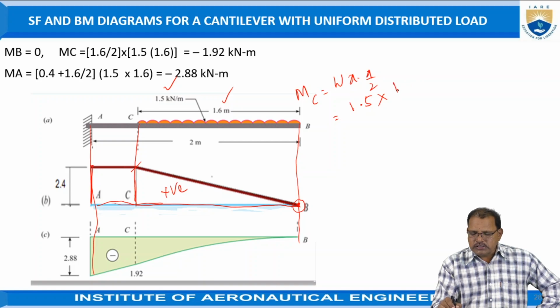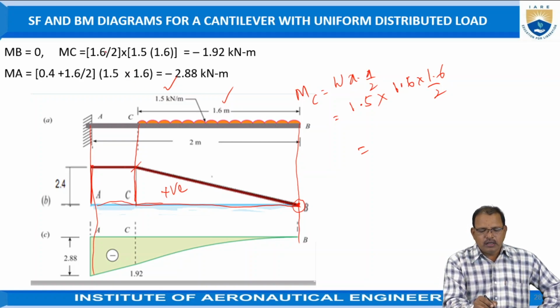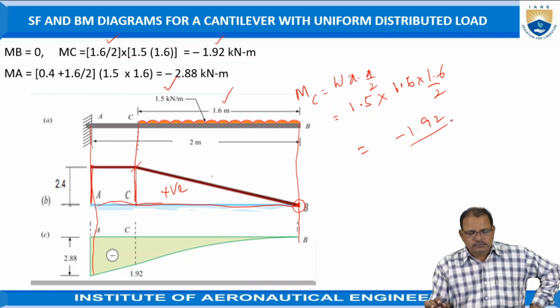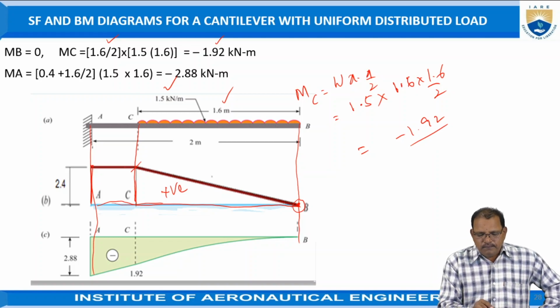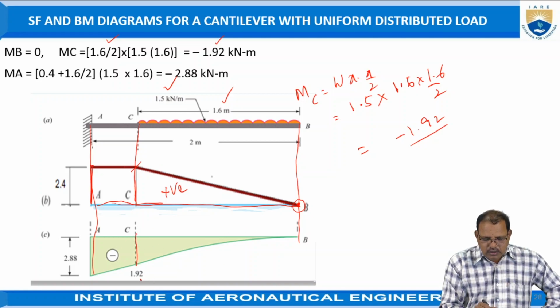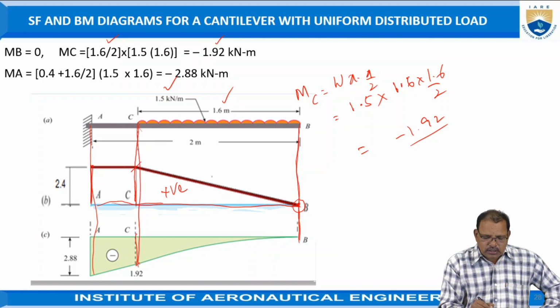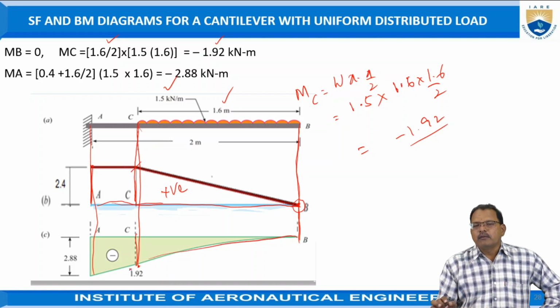Distance is given, 1.6 by 2, which is equal to minus 1.92. Now the bending moment here is given. Here draw the lines which are passing through points A, C, B. Here it is equal to 0 at B position. At C position, it is equal to 1.2. Just join these points again by using a parabolic curve now.